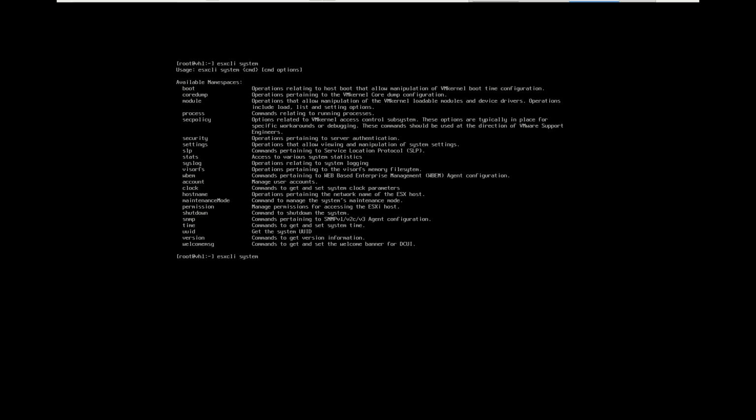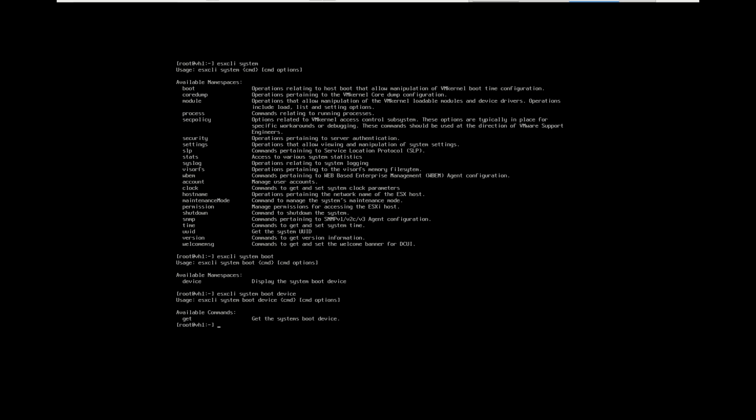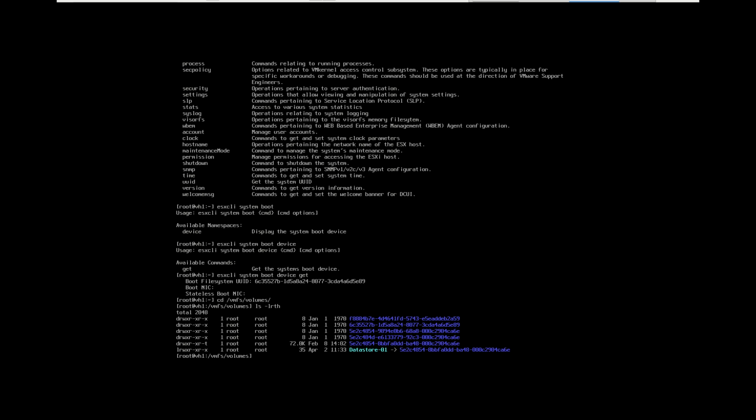By running the boot syntax, you can find the UUID of the boot device. If I go to the VMFS volumes directory and list available volumes, you can compare and find which one of them holds the boot files of the ESXi.